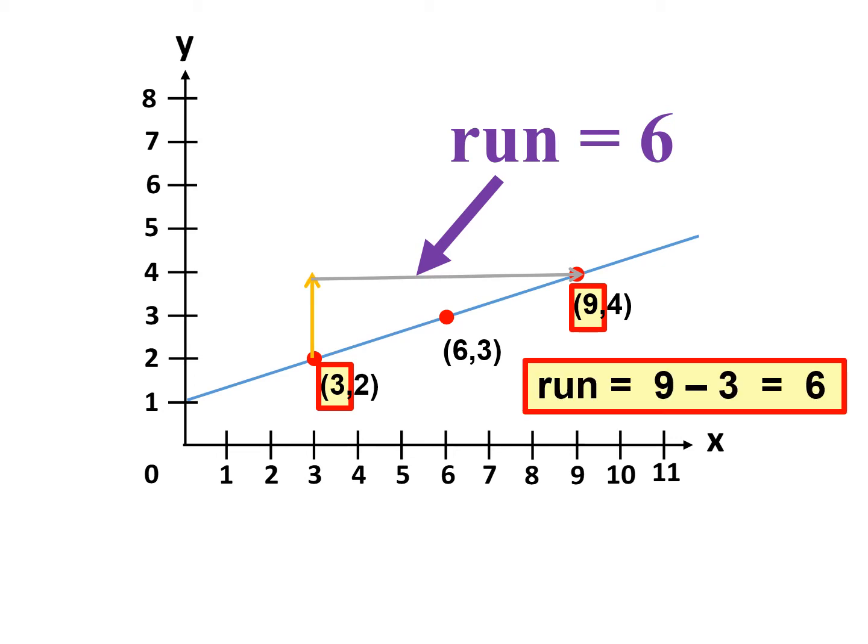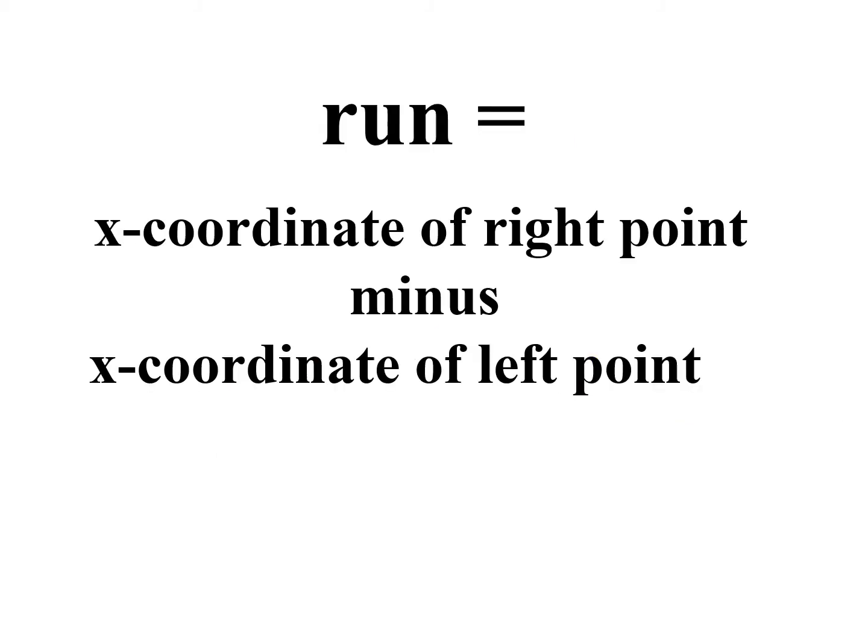So to calculate our run, we get 9 minus 3, which is equal to 6. This is the horizontal change in position. As we said before, the run is equal to the x-coordinate of the right minus the x-coordinate of the left, or for this example, 9 minus 3.